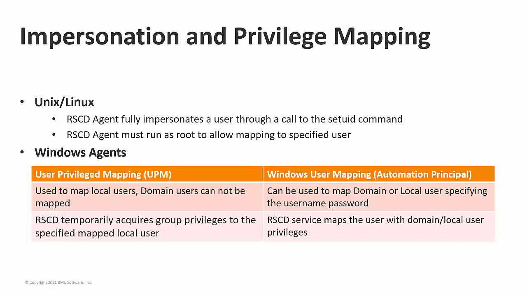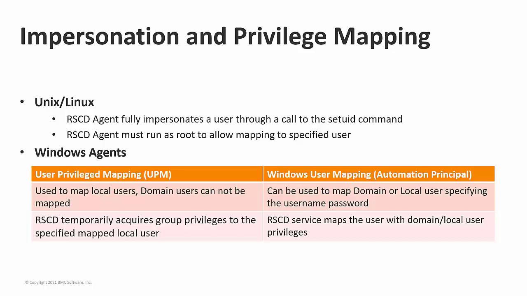The user we are mapping for the UPM has to be a local system administrator. We cannot use a domain account with UPM. When the connection is established, ACL files are read, and according to the user mapped, the BladeLogic RSCD user will temporarily acquire that user's group privileges.